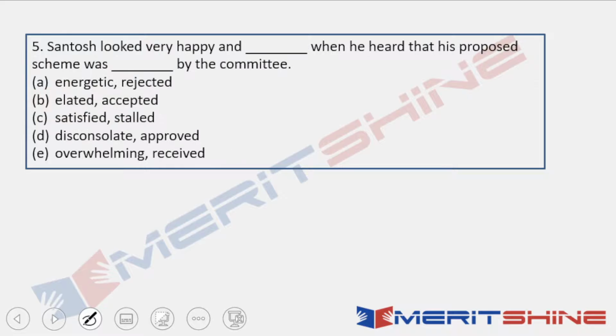Now, question number 5. Santosh looked very happy and blank. So, obviously at this point I can say that whatever is a parallel or related word to happy would come in this part, parallelism, a concept of grammar. When he heard that his proposed scheme was blank by the committee, right? So, very happy and this.